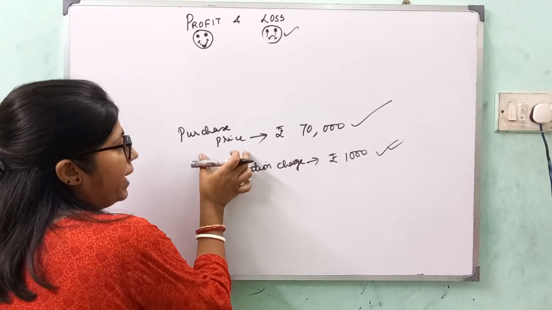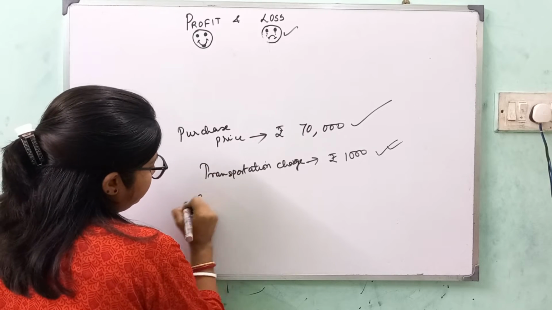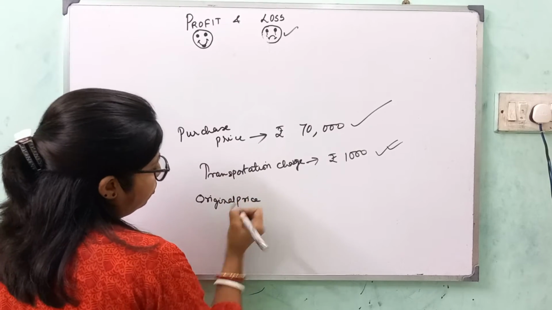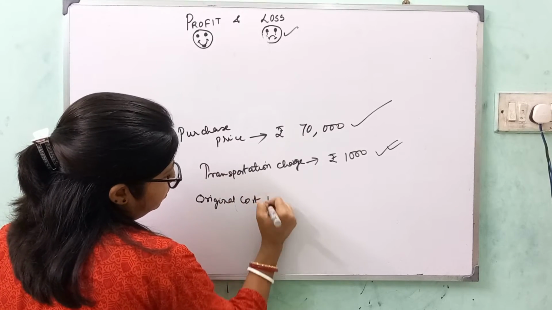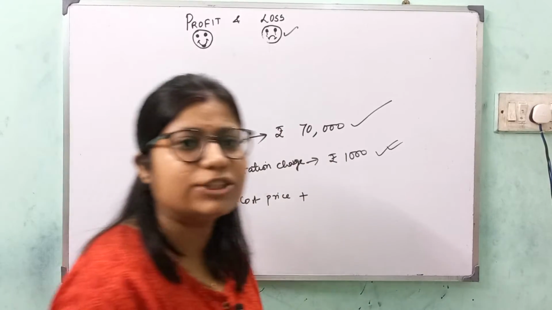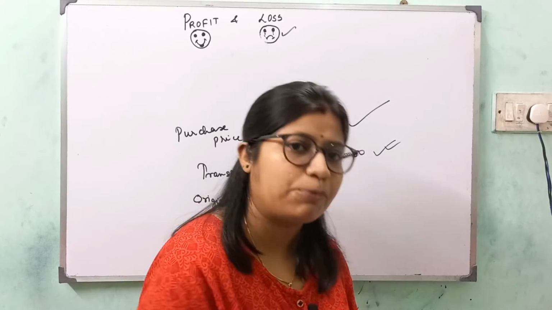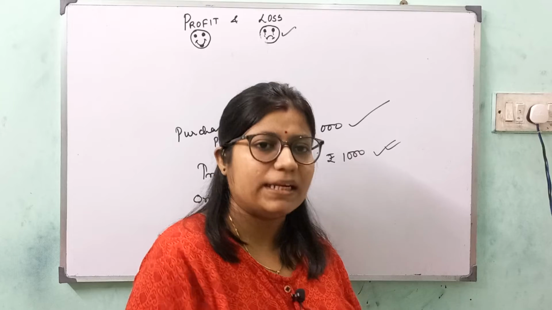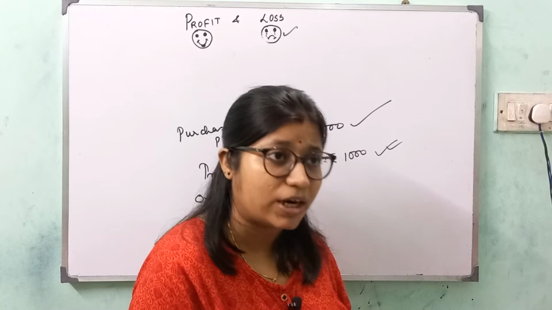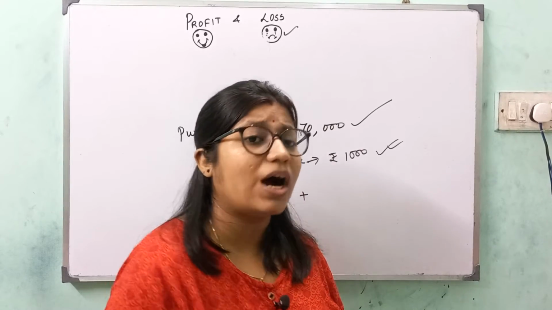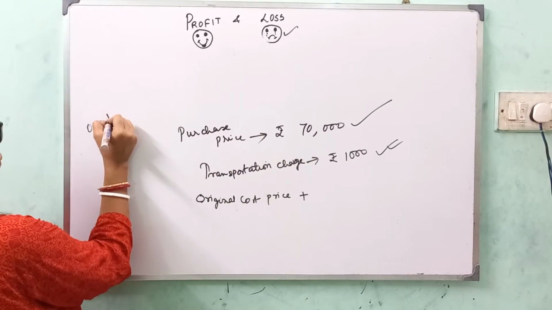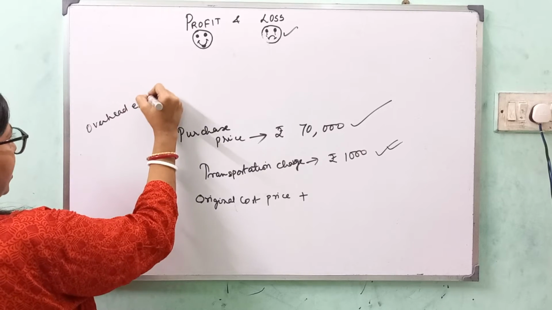So this purchase price, that is the original cost price, plus these additional charges on the purchase price, that is your transportation, repair work, painting, coloring, labor charges, these kinds of charges which are additional, are known as the overhead expenses or overhead charges.